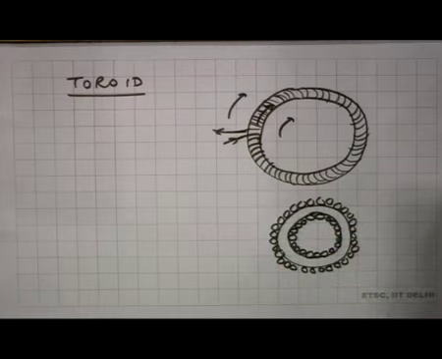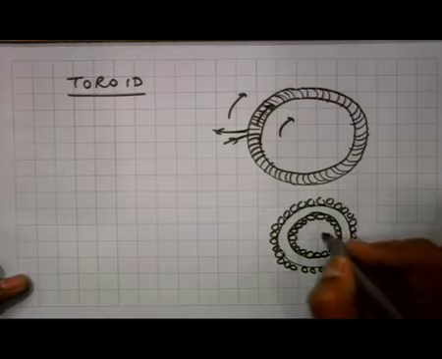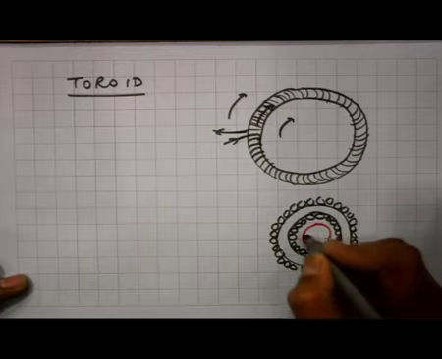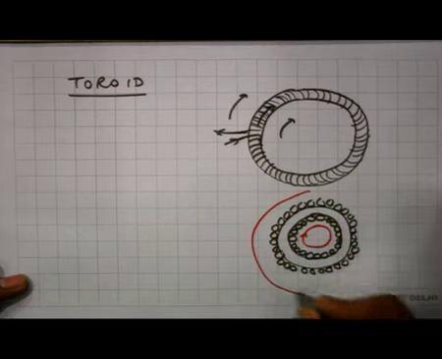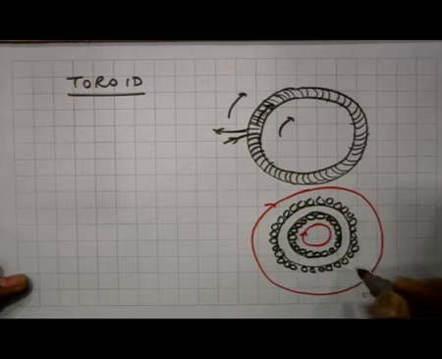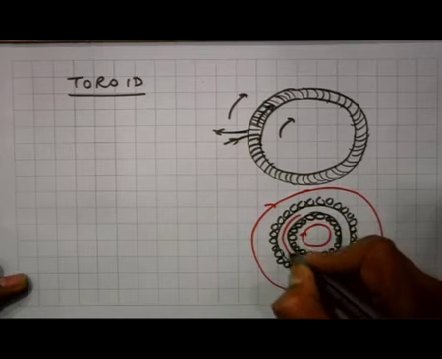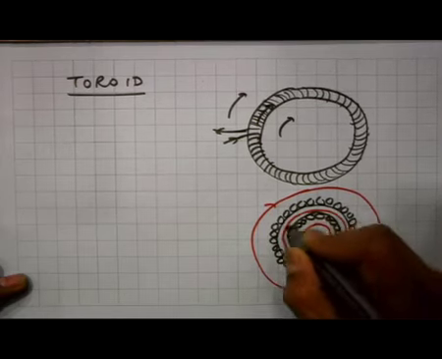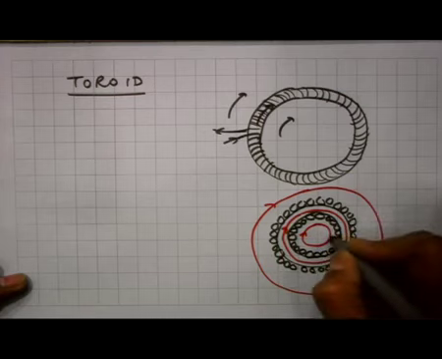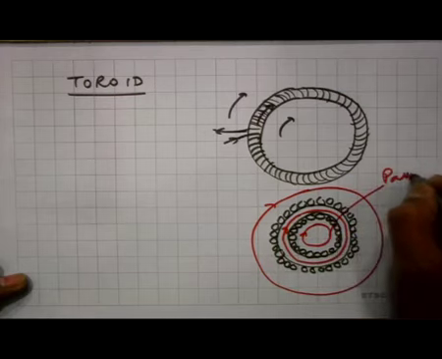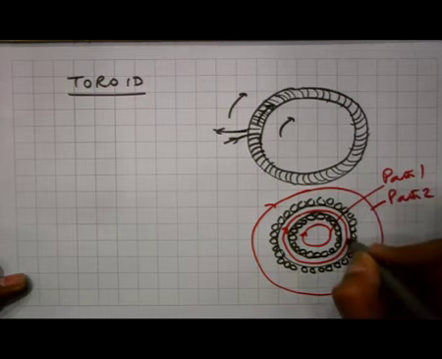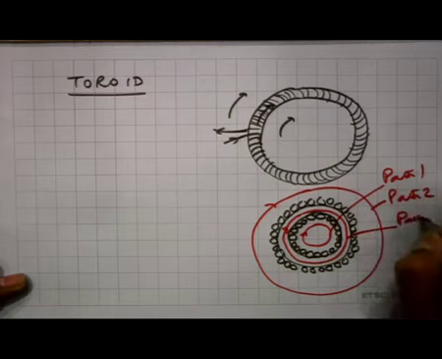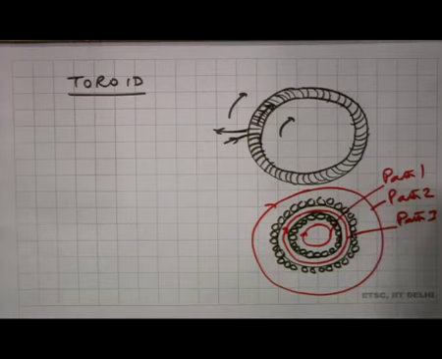Let me take a path which looks like this, another path, and a third path. So, this I call path 1, path 2, and path 3. Three paths.